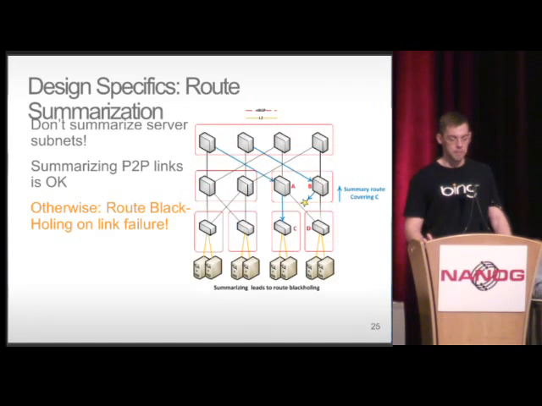And the same problem applies when you try to summarize server subnets. Let's say you pick leaf switches A and B and summarize the subnets on C and D into one range. And once again, this creates a black hole scenario where switch B may lose connection to switch C, but still advertise the summary range.